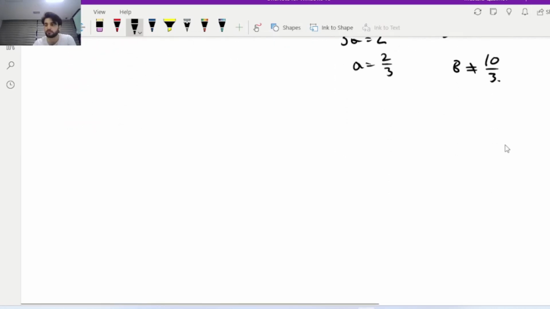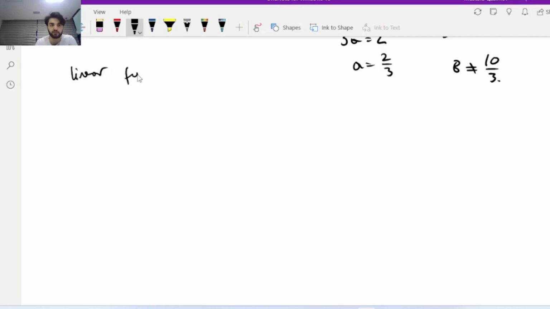Okay, after that we can look at linear functions. For linear function, let's write the name of the topic, linear function. We call them linear functions because in the xy plane their graph is a line.